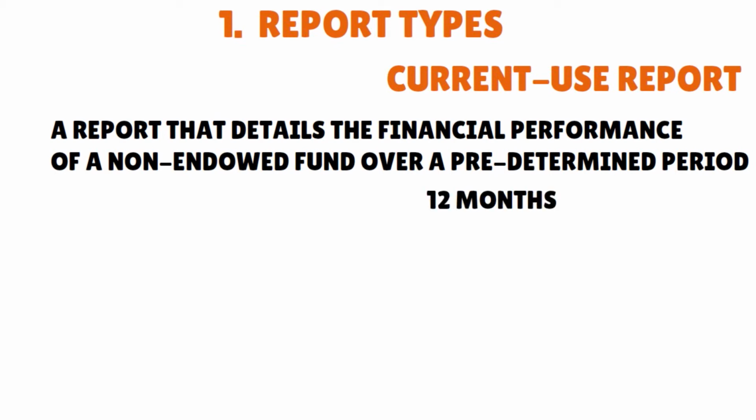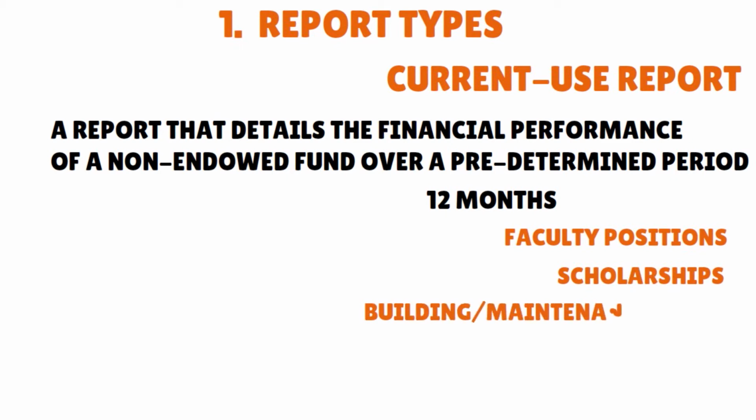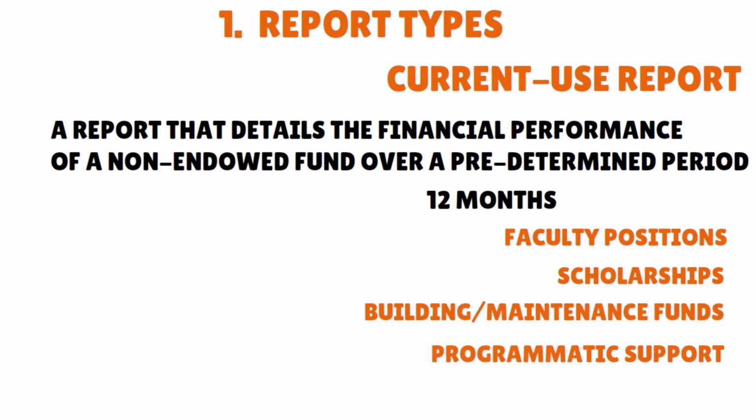So current use fund reporting may cover a variety of topics such as faculty positions, scholarships, building maintenance funds, or programmatic support. Now, current use funds are usually expended during a shorter period of time and generally have a more immediate impact. Therefore, reports should be timely and as frequent as needed.